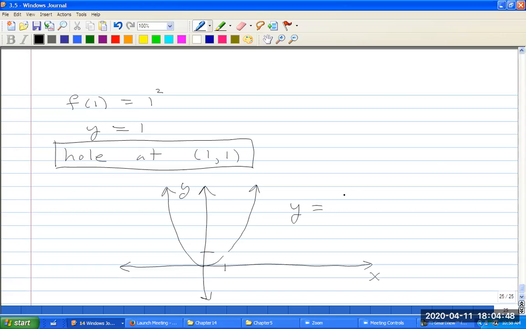But it says that we have a hole at 1, 1, so I'm going to put a little hole here. So the graph looks like the graph of y equals x squared. The only difference is that there's a little hole here at the point 1, 1. And that's what the sketch of the graph looks like.